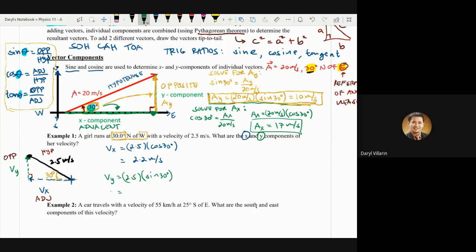And the answer is 1.3 meters per second. So this would be the x and the y components of your velocity. This is the x component, and the other one is the y component.